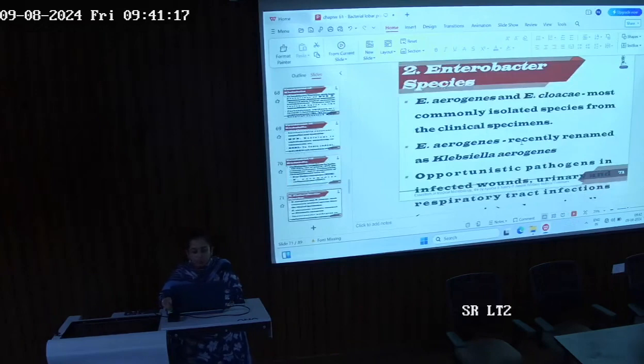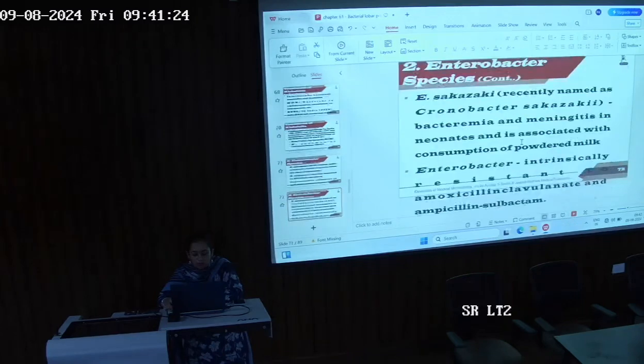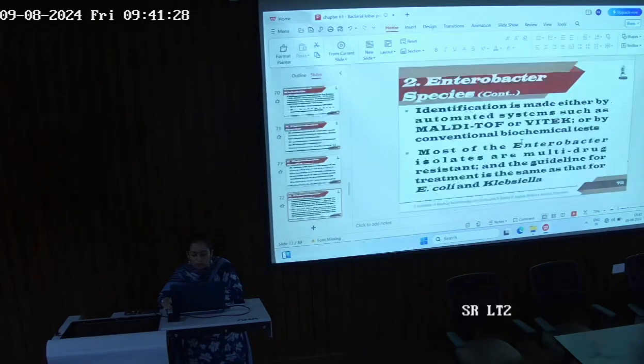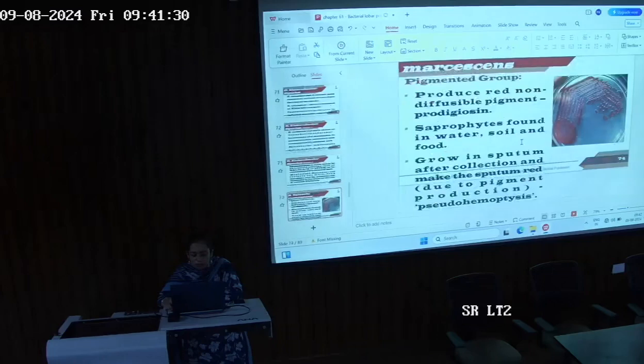Then Enterobacter species are also involved in pneumonia. Then one gram-negative bacteria which belongs to a pigmented group is known as Serratia marcescens.